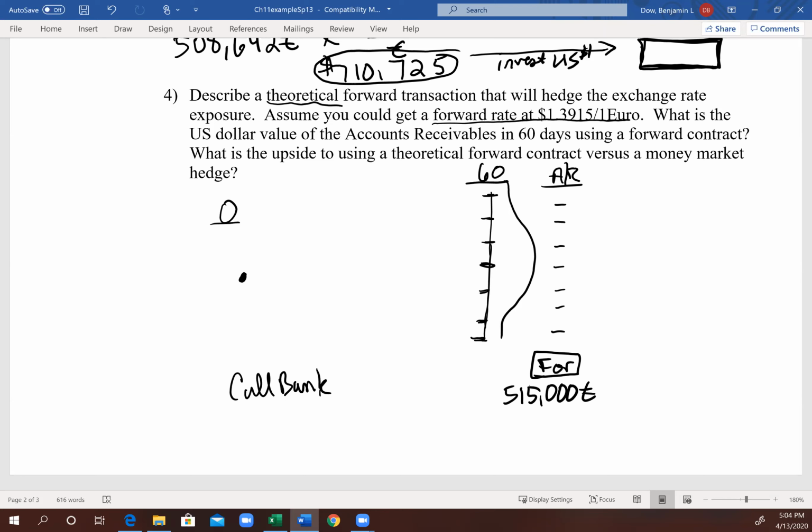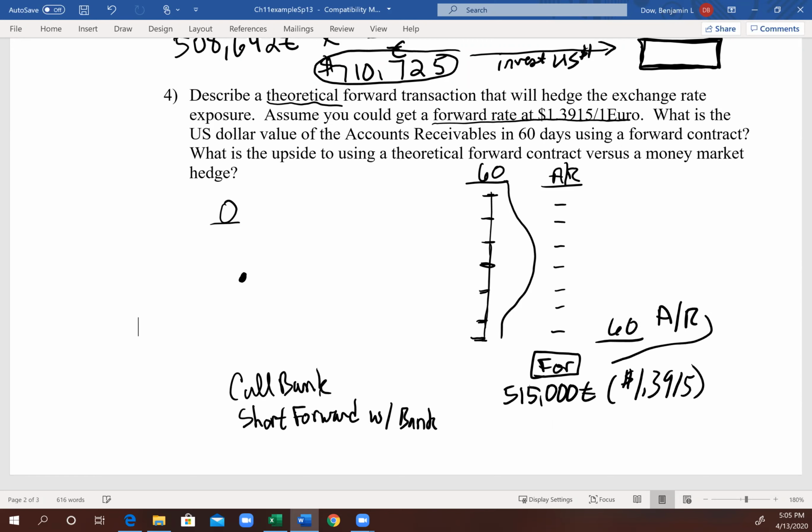But if you could get a forward rate for 515,000 euros and it was at $1.3915, and you agreed to call the bank and set up what's called a short forward position with the bank, then you'd wait for day 60 when the accounts receivables come in. You sell them to the bank at the agreed upon rate.